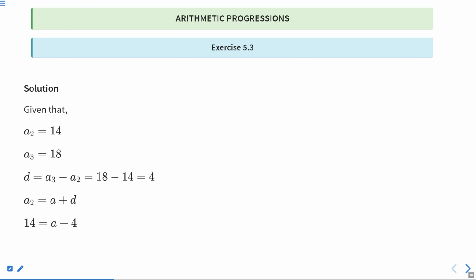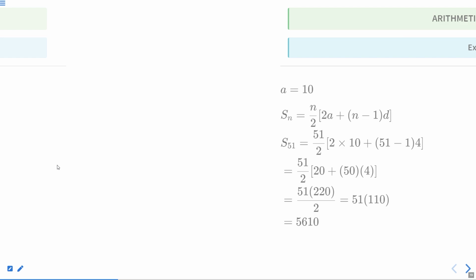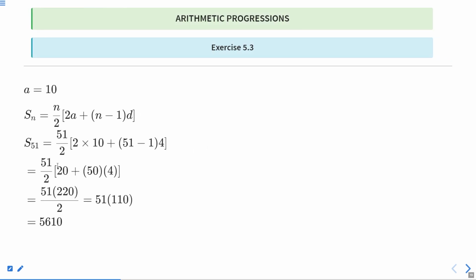Okay, and we know the second term a2 is equal to a plus d, and here we have a2 is equal to 14 and the value of d is equal to 4. So now we can find the value of a. So 14 is equal to a plus d, that implies a is equal to 10. Okay, so the value of a is equal to 10.